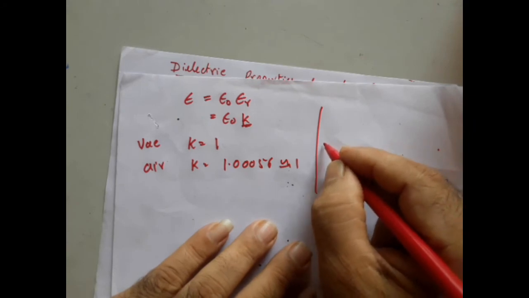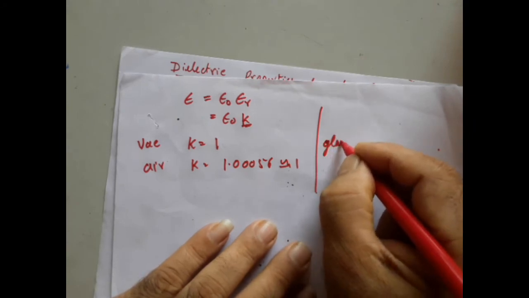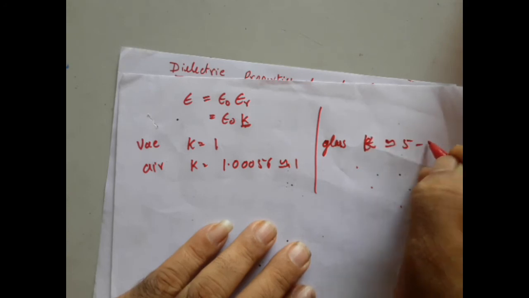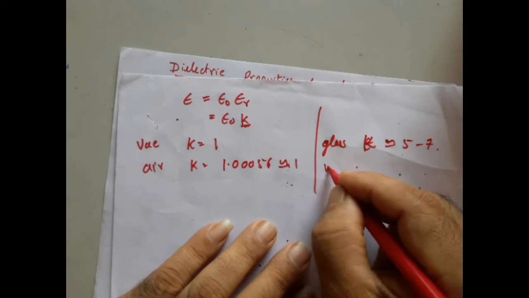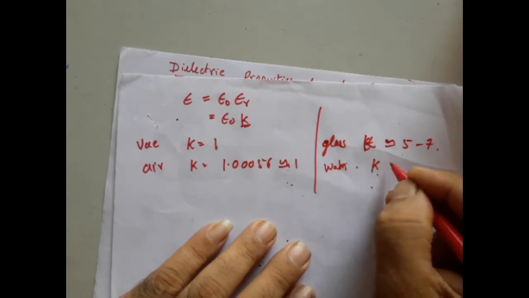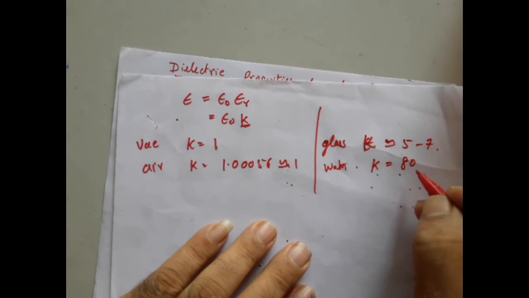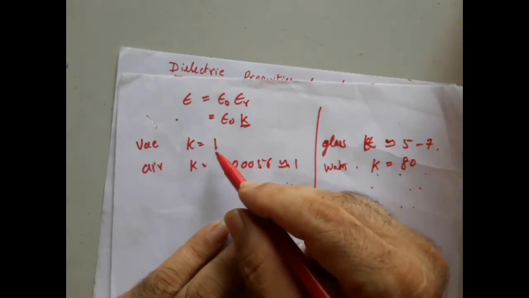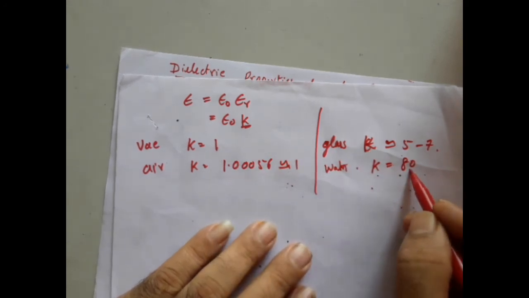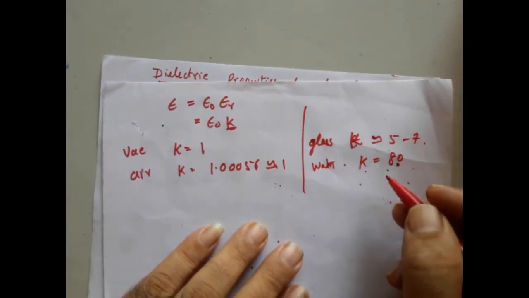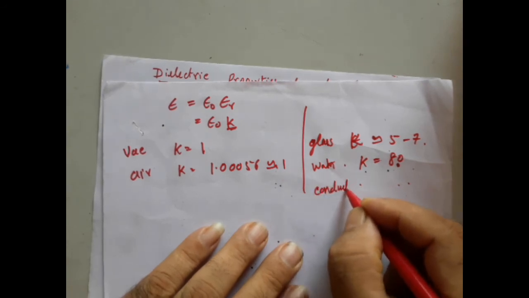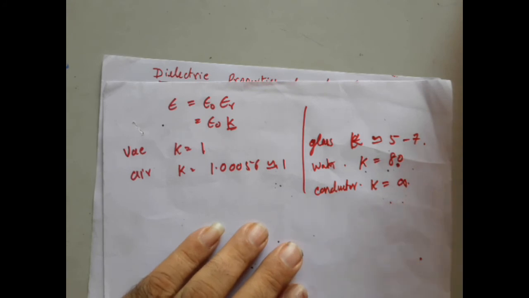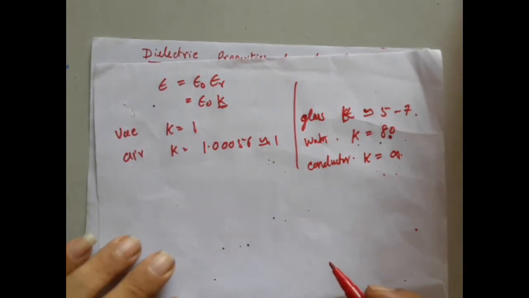But in the case of glass, epsilon r or K is around 5 to 7, and that of water is almost 80. The lesser the dielectric constant, the easier it is for the lines of force to pass through; the more the dielectric constant, the more difficult. And a conductor doesn't allow the electric lines of force to pass through, so naturally the dielectric constant of a conductor is infinity.